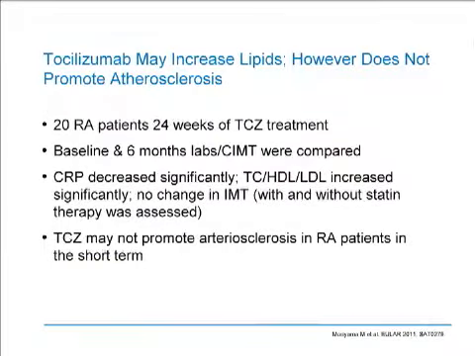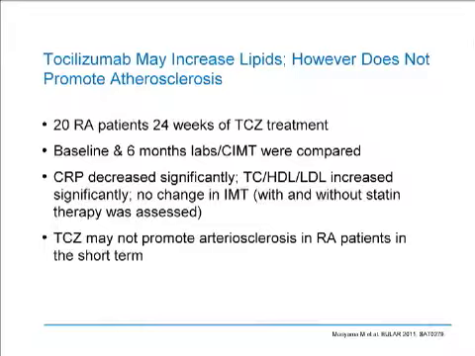So looking at another study of tocilizumab, this was a much smaller study looking at 20 RA patients over 24 weeks that underwent tocilizumab treatment. They looked at monthly labs as well as IMT data at baseline and 6 months. Not surprisingly, CRP had decreased significantly in the tocilizumab group. The total cholesterol level had also increased significantly.